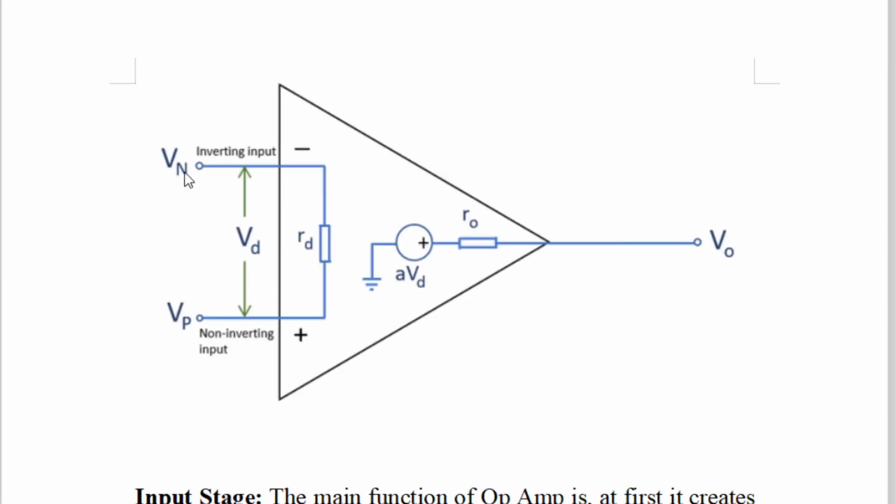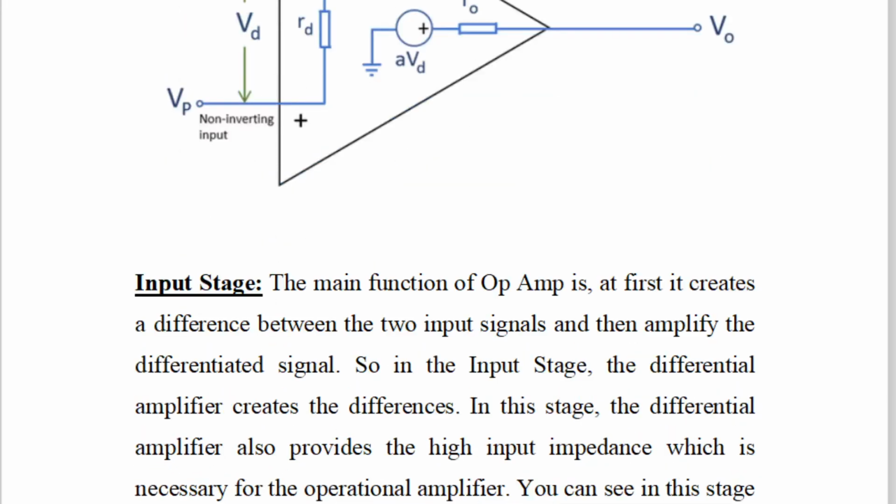Again, there is one more equivalent circuit diagram. You can say here A into VD. A means gain, VD is the differential voltage, R0 means Rout, the output resistance, and input resistance Rin, and this is the very simple understanding of the equivalent circuit diagram of the operational amplifier.